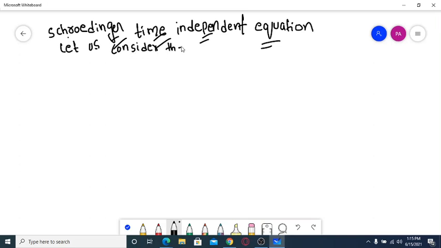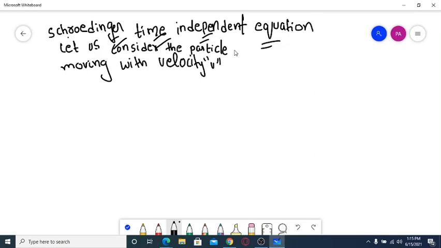Let us consider the particle of mass m which is moving with velocity v.